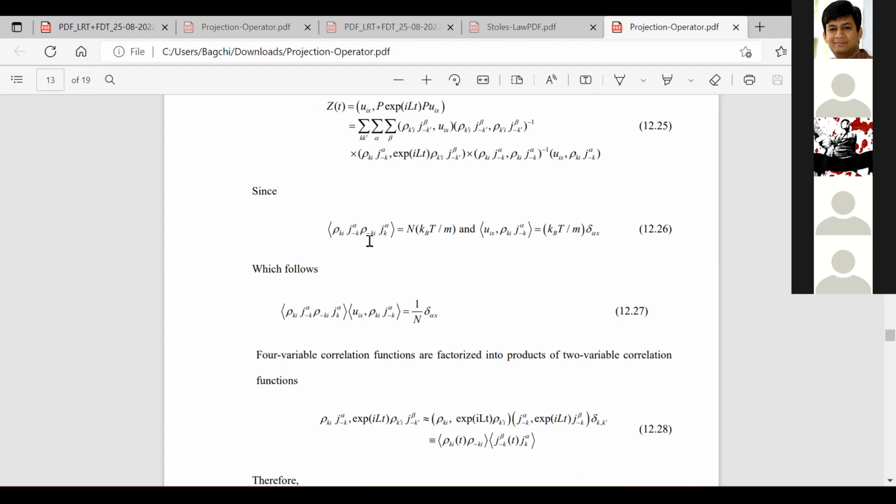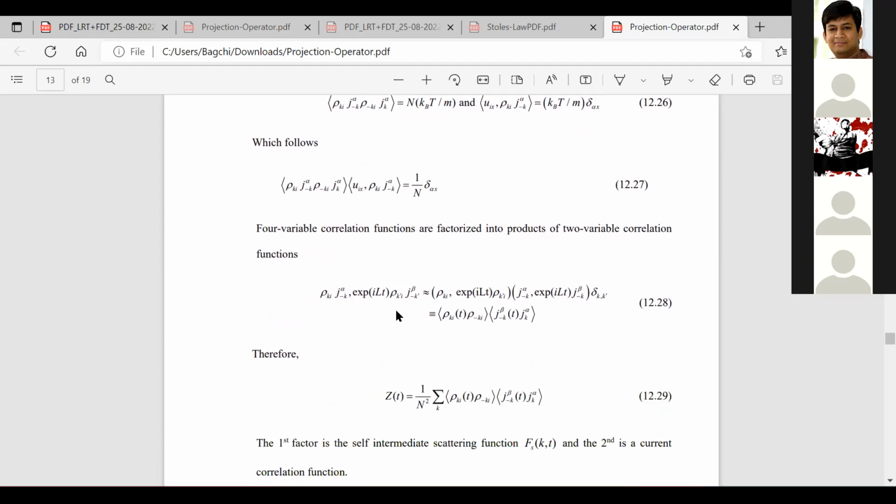Like here I was saying rho_k j_{-k}. If you do these things, then the i and j velocities are uncorrelated, and v_i squared gives you k_B T by m. Similarly, this quantity also becomes k_B T by m delta. So all of these things are fairly easily doable.